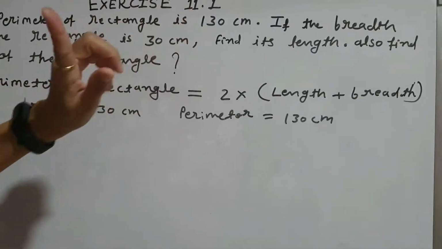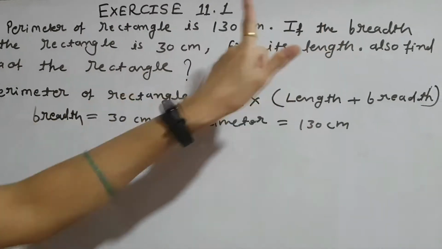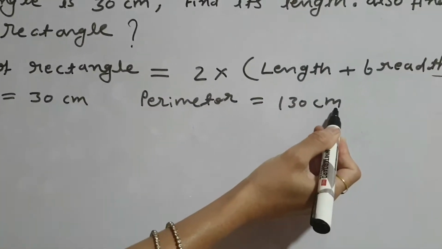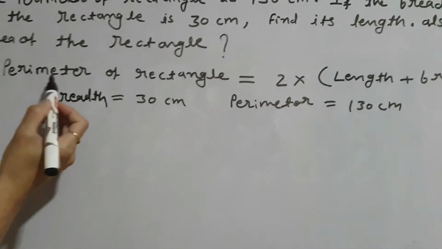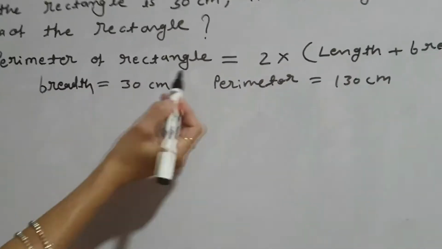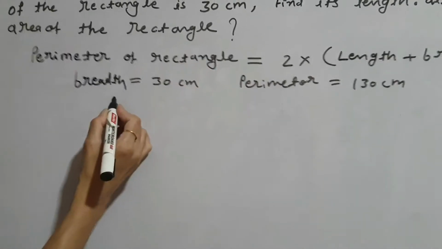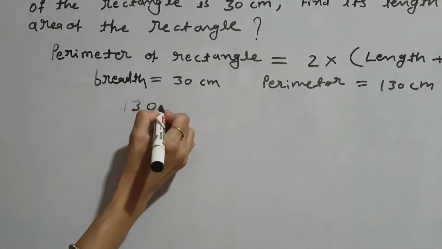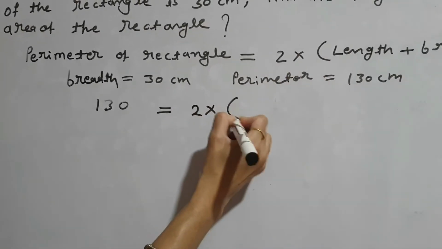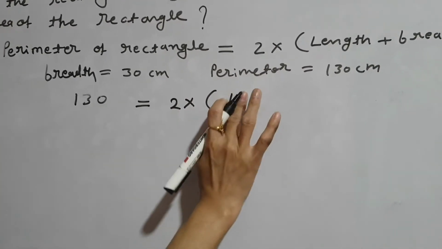Perimeter has been given and breadth has been given. So breadth is 30 centimeter and perimeter is 130 centimeter. Formula: perimeter of rectangle is equal to 2 multiplied by length plus breadth. So we will put the values. Perimeter is 130 centimeter. 130 equals 2 multiplied by length, which we have to find out.